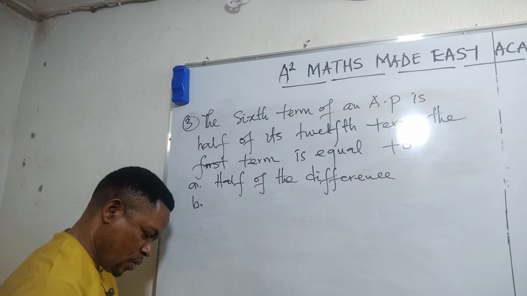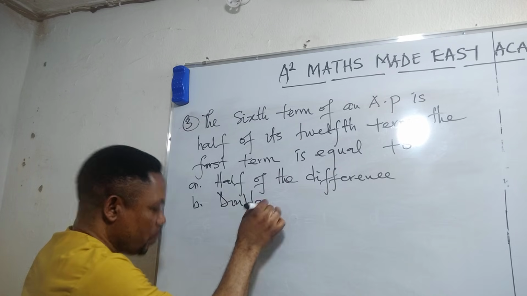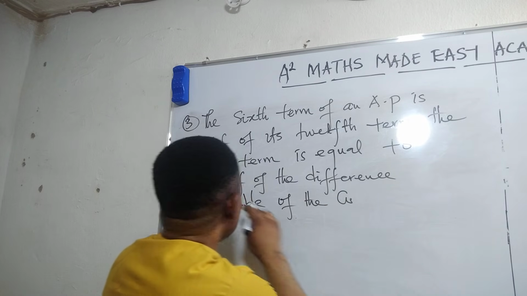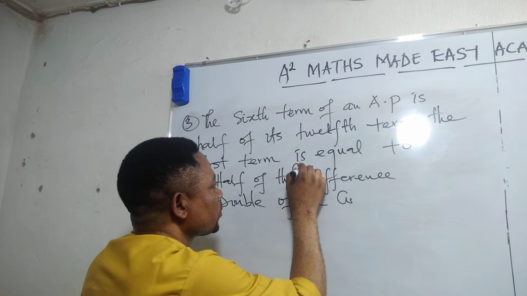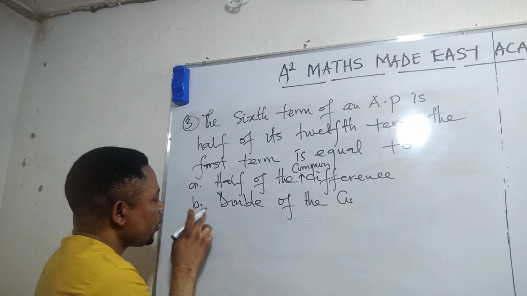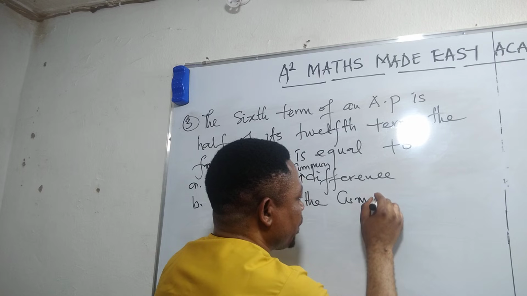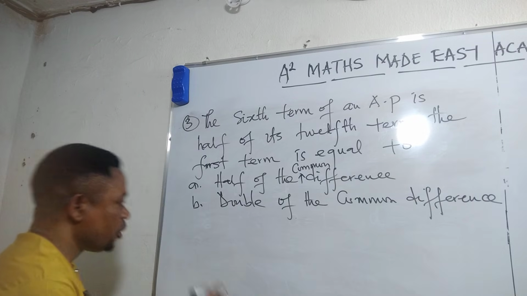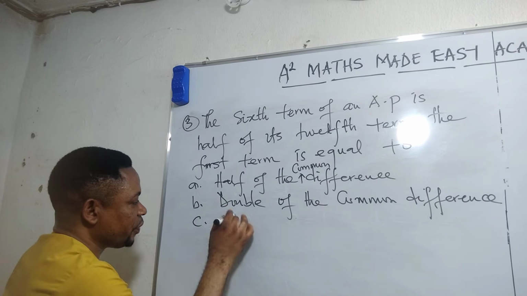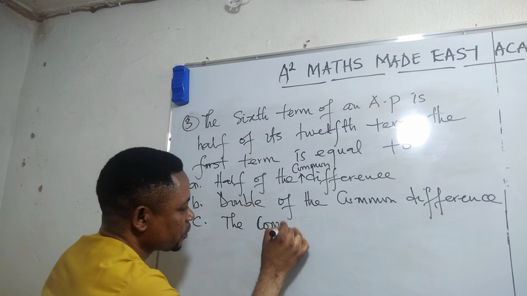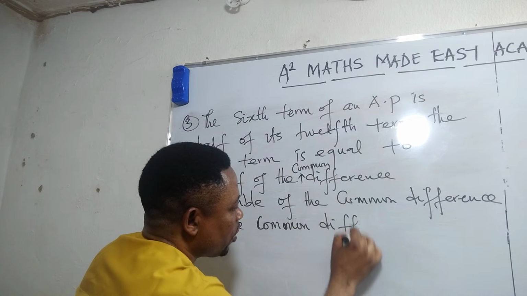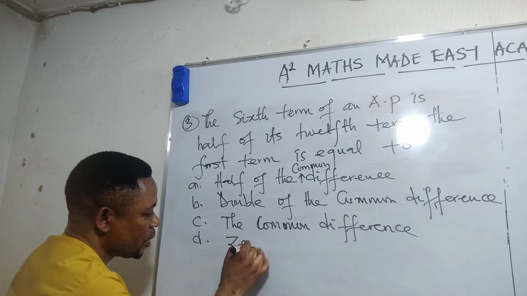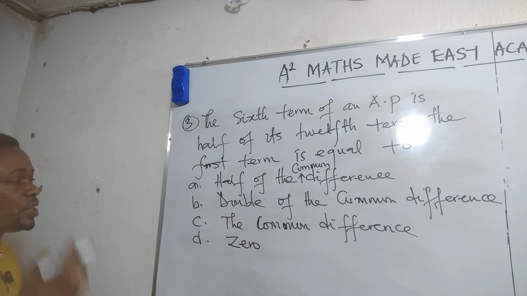Then option B, double of the common difference. Option C says the common difference. Then the final option, option D, says 0. Can you see that this particular question is just based on your mindset?